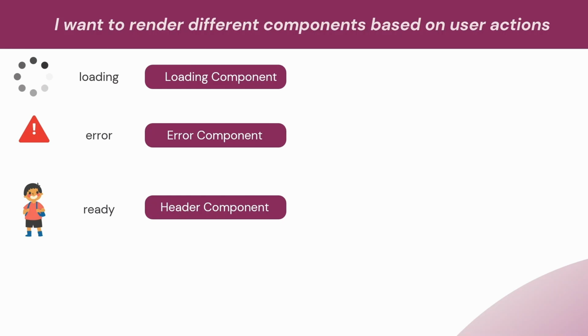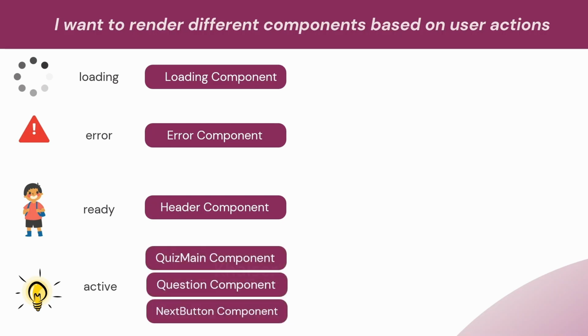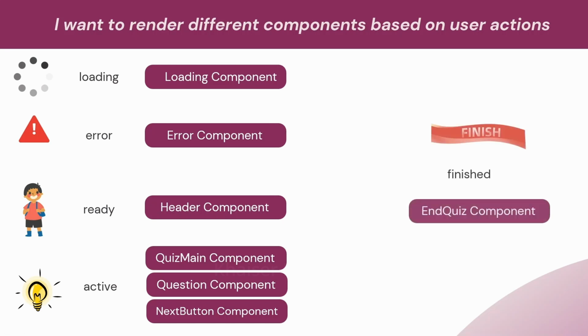So as soon as I click on start quiz, my quiz will be activated, and once my quiz is active, I just want to render my quiz main component where I will be having progress bar. Then I want to display my question component, and once I select the answer, then I have to display my next button. So after that, if I am in the last question, then I want to display finish button, and once it is finished, what I want to do, I just want to render this end quiz component.